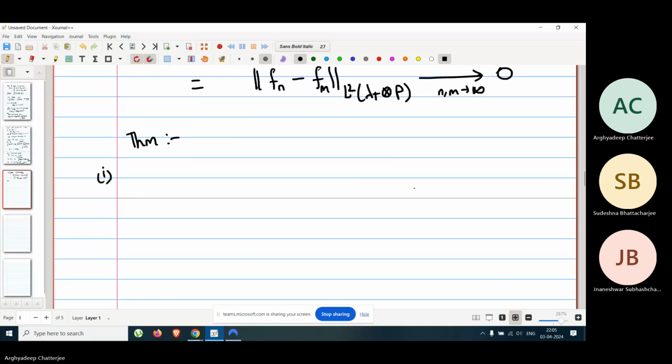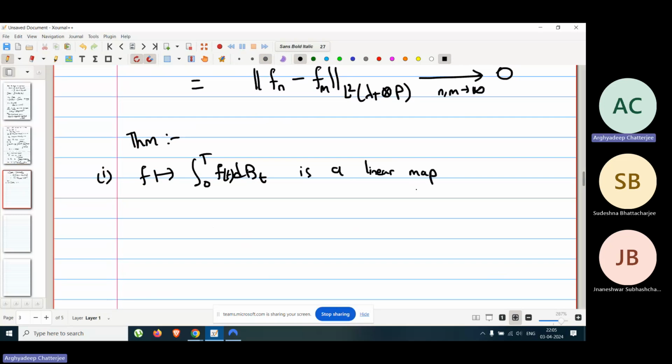Firstly, this map f maps to the integral from 0 to t of f dBt is a linear map from L2T, which is just the space I was using, L2 of lambda_t cross P, to this space.